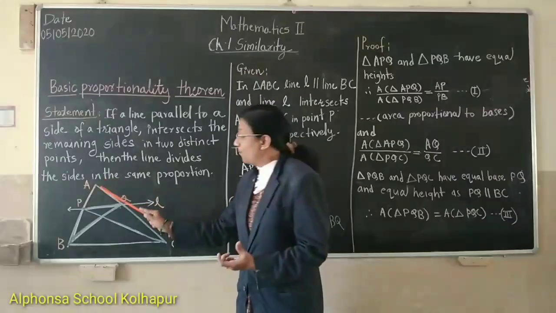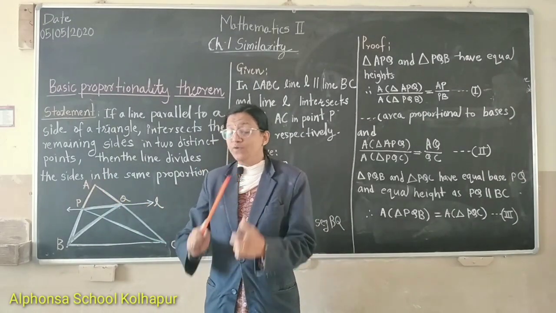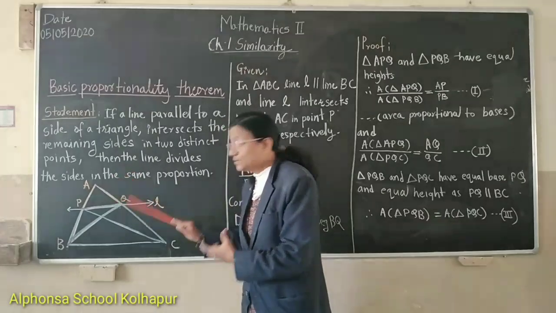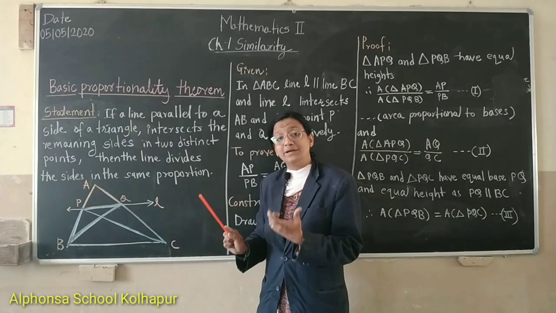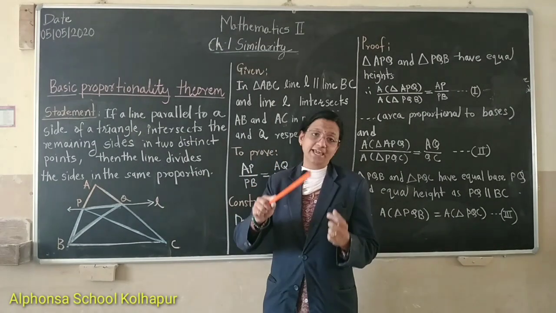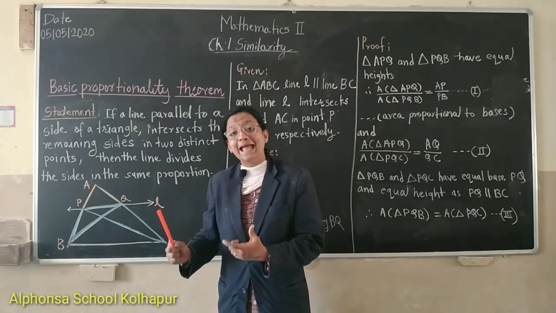In short, both triangles have equal heights, and as we have done in the previous two triangles, in these two triangles also we can use the same property, that is, if both triangles have equal height, then areas of the triangles will be proportional to their corresponding bases.